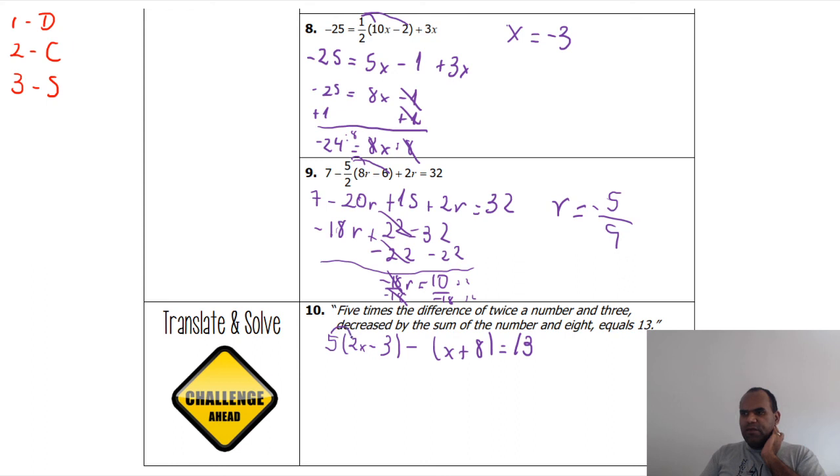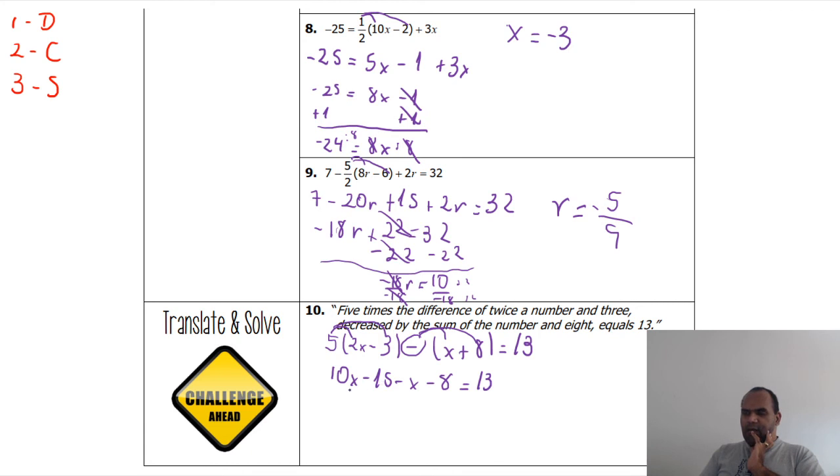Remember, distribute first. 5 times 2x is 10x. 5 times negative 3 is negative 15. And here I need to distribute too, okay? Negative times x is minus x. Minus times positive 8 is negative 8, equals 13.